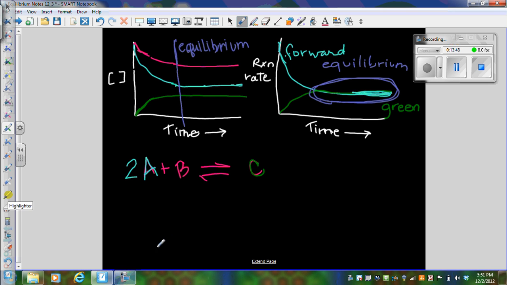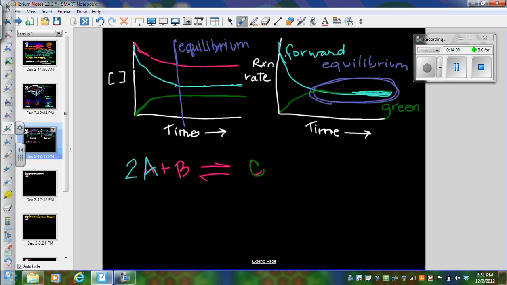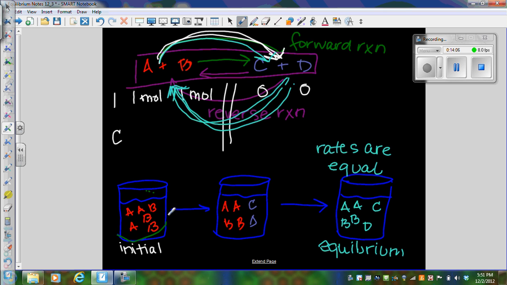Now, in terms of what we would actually see macroscopically, what we would see with our eyes, we wouldn't see anything. It would really be kind of boring. Microscopically, which would be magic school bus level, you would see that you had initial amounts of reactants. And then you would see the concentration of the reactants decreasing.